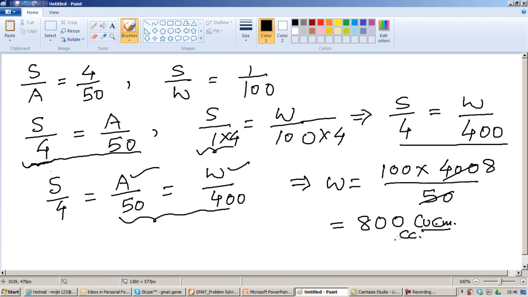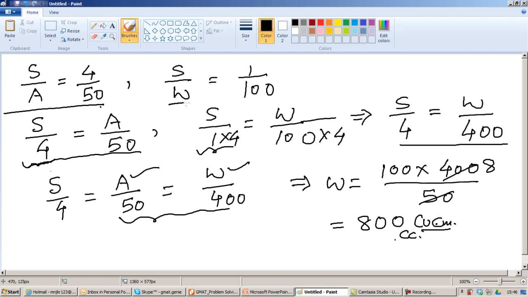So the concept that we have understood today is that any ratio problem, even if it's a 2 by 2 ratio, can be equated to form a 3 by 3 ratio.